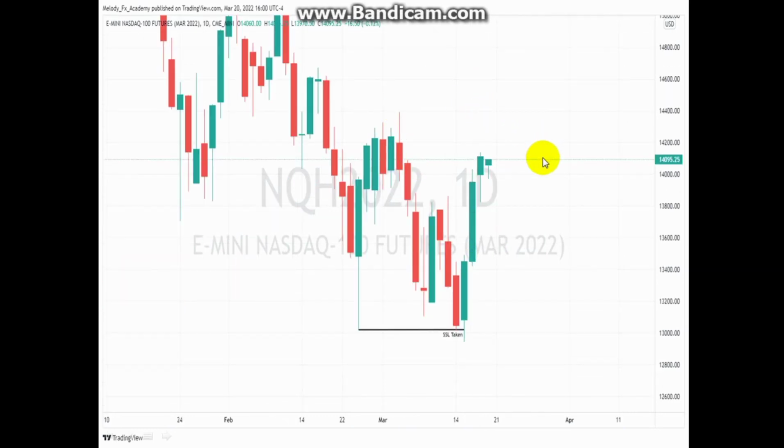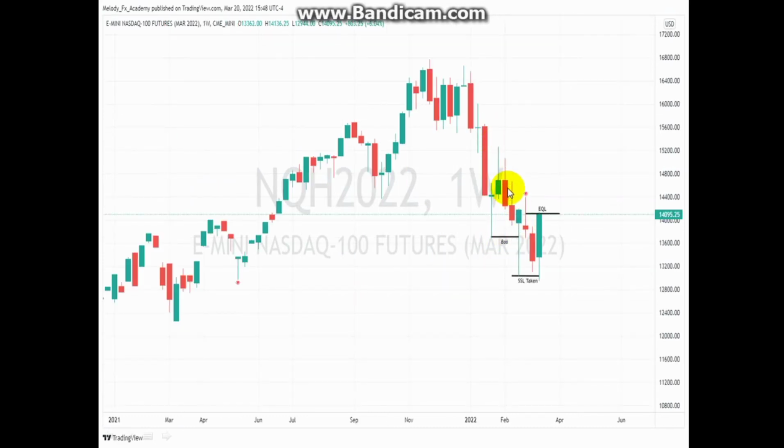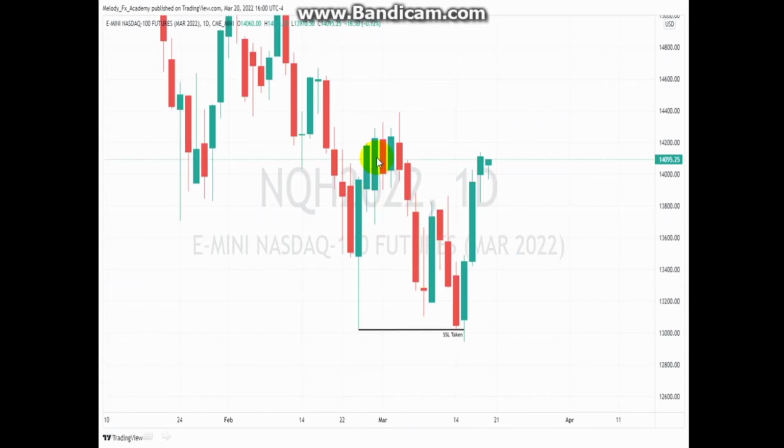Price is currently bullish on the daily time frame. On the weekly time frame it is still bearish, but we are currently retracing upwards. This might just be a reversal. So that is that for that.